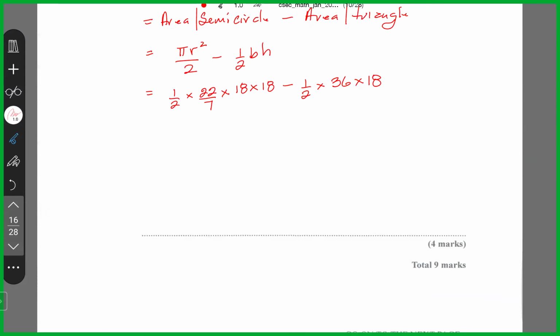So what we end up with is 22 times 18 times 18 over 14, minus 1 times 18 times 18, and this is equal to 6,804 centimeters square.